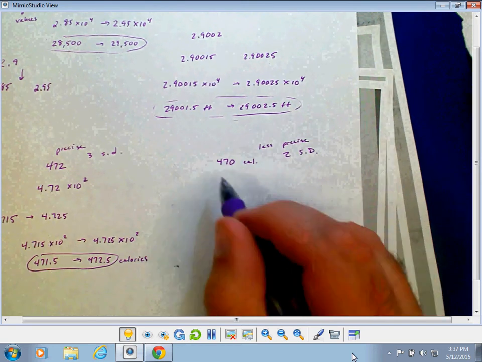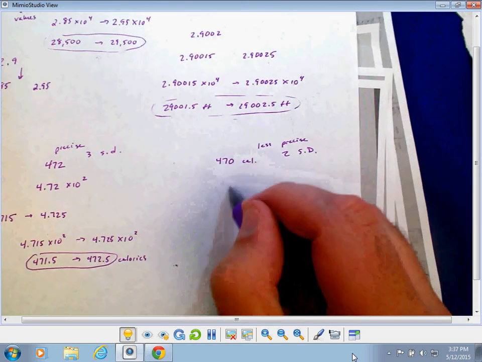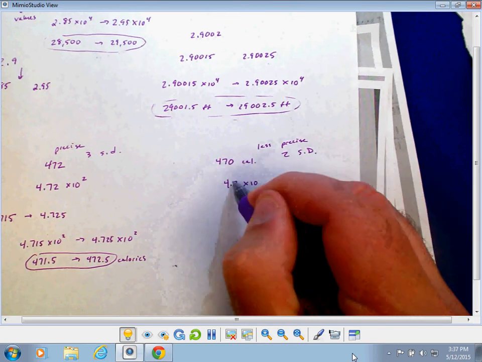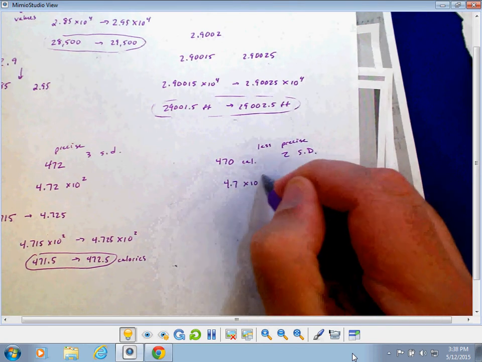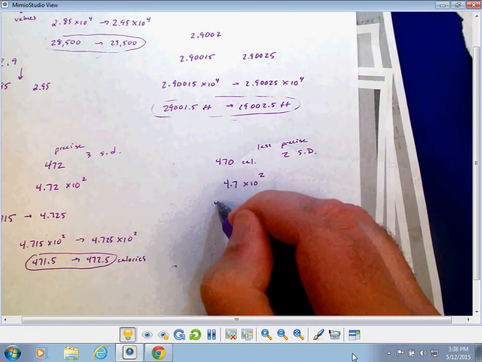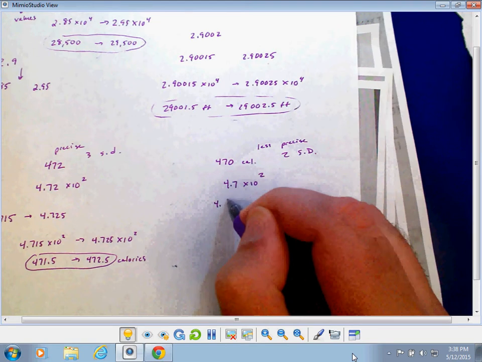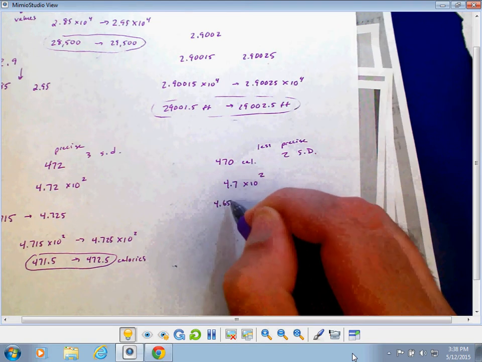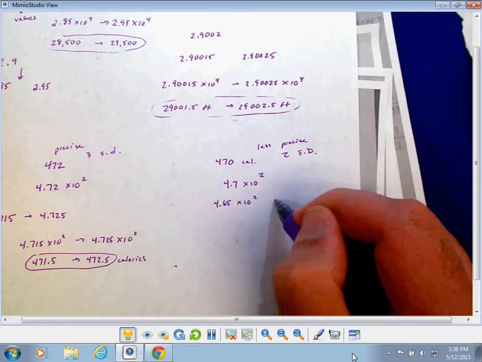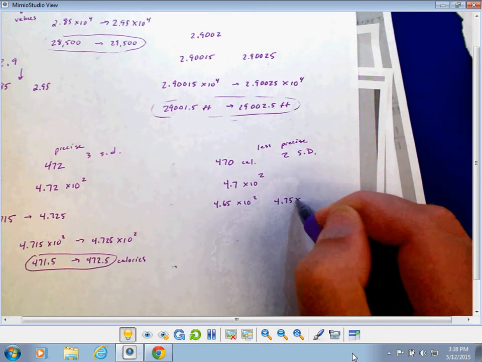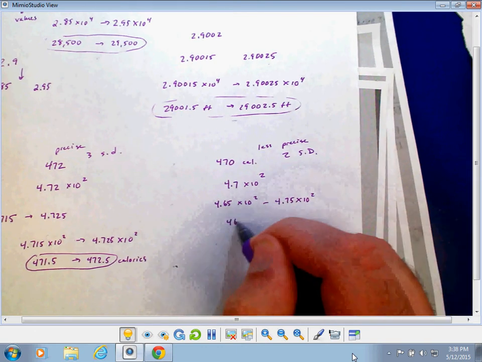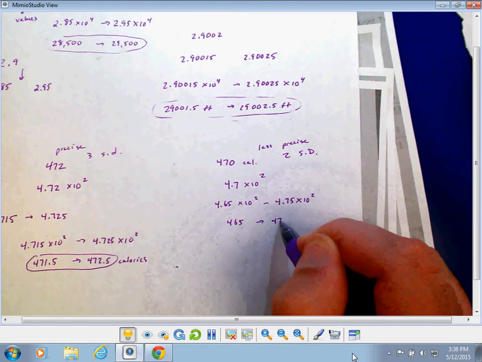Okay, again, if we change this just a little bit to scientific notation, 4.70 or 4.7 times 10 to the second, well, then we would make it 4.65 times 10 to the second, and go the higher end, 4.75 times 10 to the second. That range is 465 to 475.